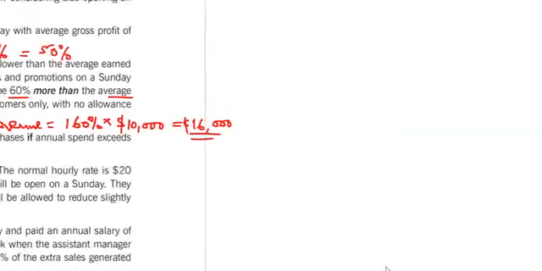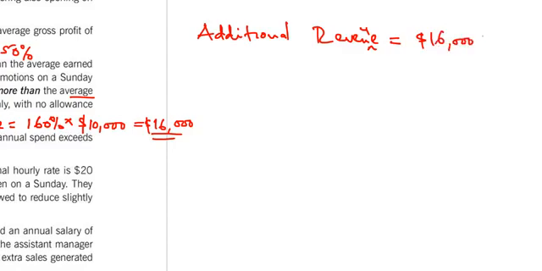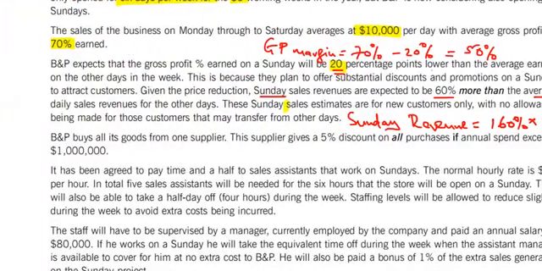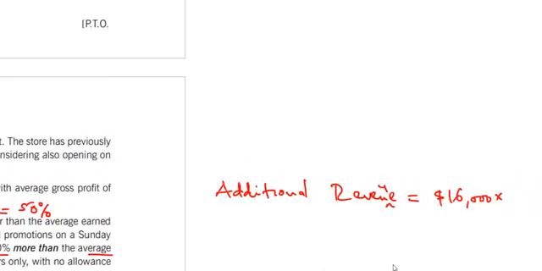Okay. So we can go ahead to calculate the additional revenue. The incremental or additional revenue will equal the Sunday sales, which is 16,000, times how many weeks? 50 working weeks, meaning the 50 Sundays.